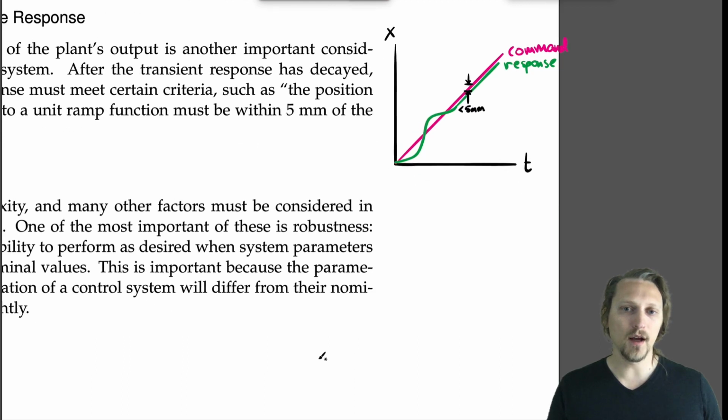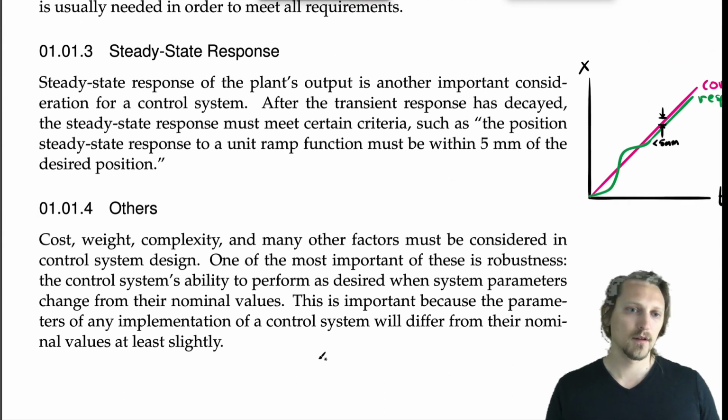And there are, of course, other considerations for performance of a control system. Cost, weight, complexity, and other factors must be considered. One of the most important of these is robustness. The control system's ability to perform as desired when system parameters change from their nominal values.